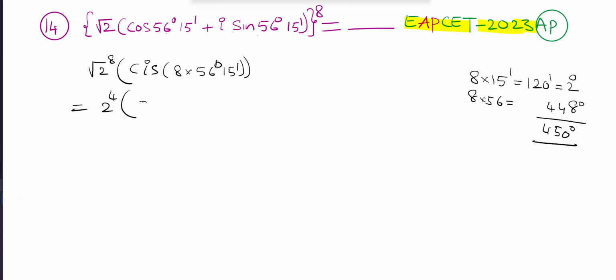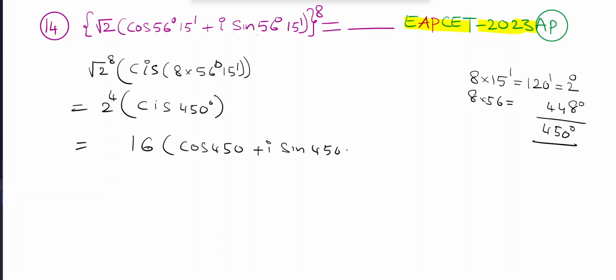So the value is cis 450°, and 2⁴ is 16. That is 16 into cos 450° plus i sin 450°.